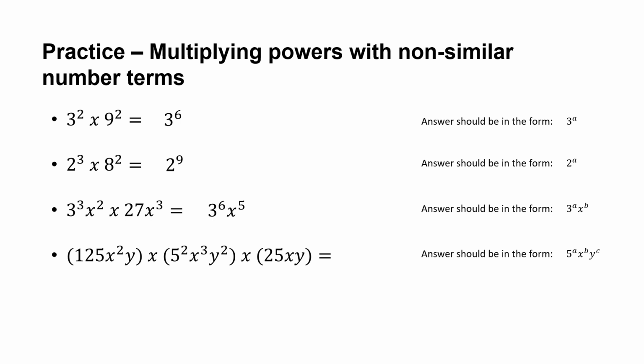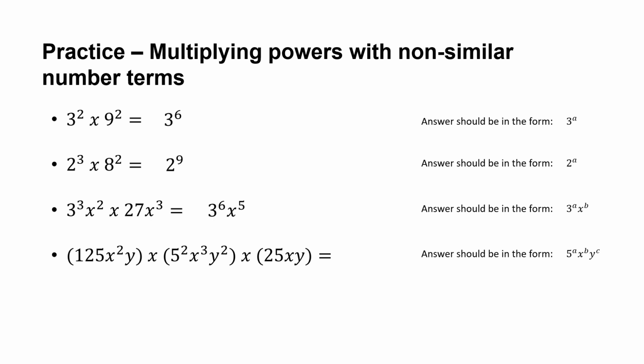For the next question, I accidentally revealed the answer, but we'll go through the methodology. So we have 3 cubed x squared times 27x cubed. I want to rewrite that 27 in terms of 3. I know that 27 is equivalent to 3 cubed.